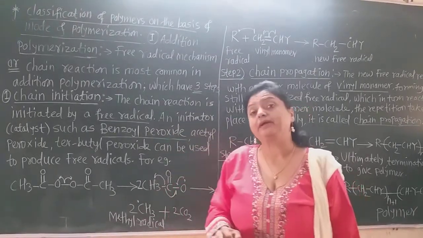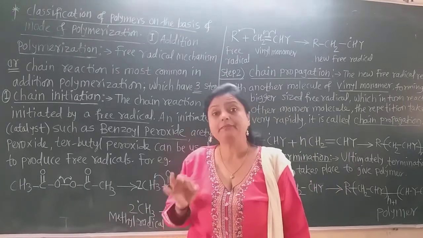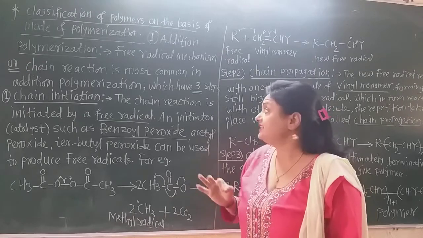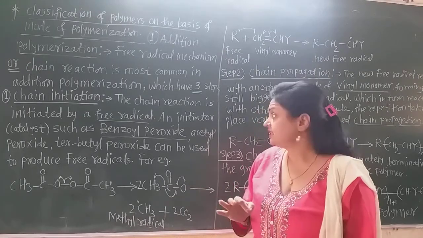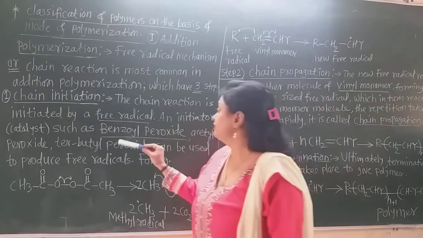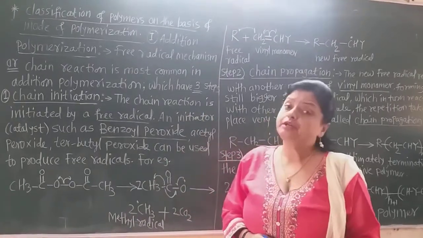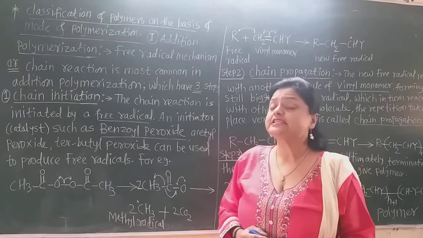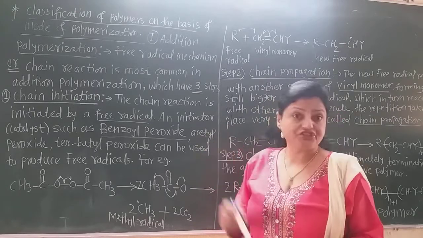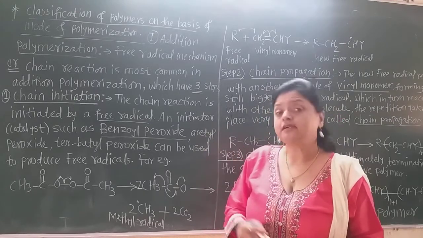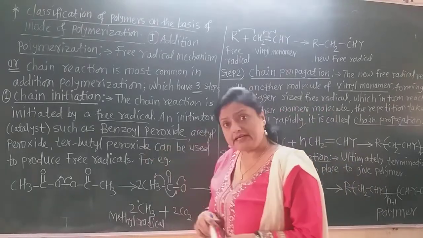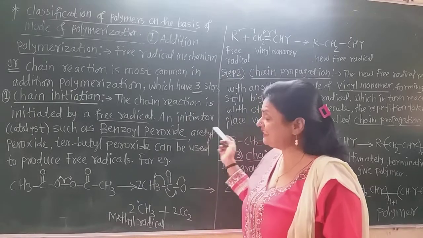We have to prepare the free radicals, and the free radicals are prepared from the catalyst or initiators such as benzoyl peroxide. Generally, peroxides are used for the catalysis of this chain initiation reaction as a starter or initiator. Now, this benzoyl peroxide may be used, or acetyl peroxide.